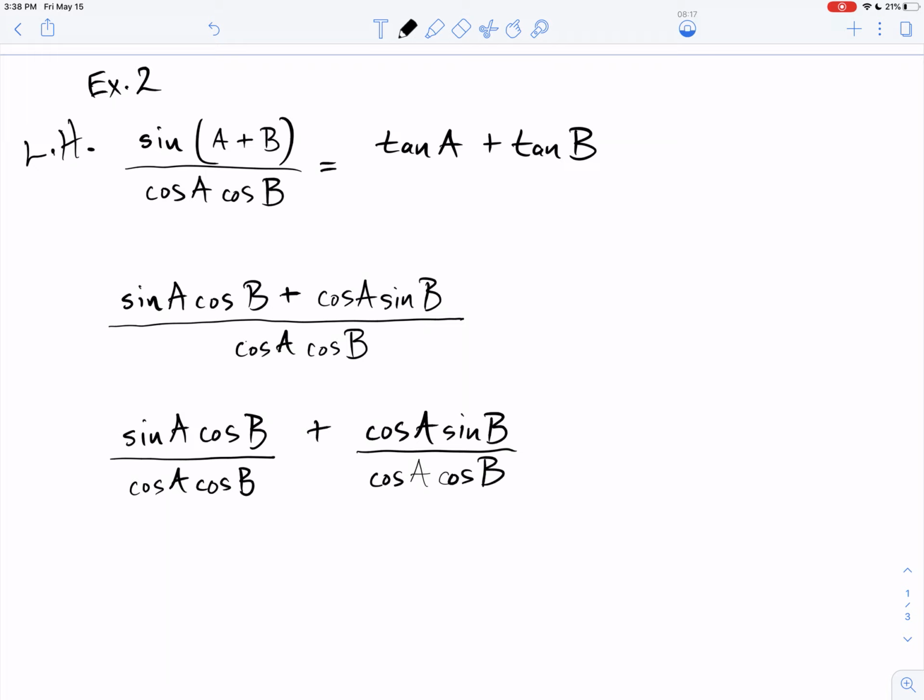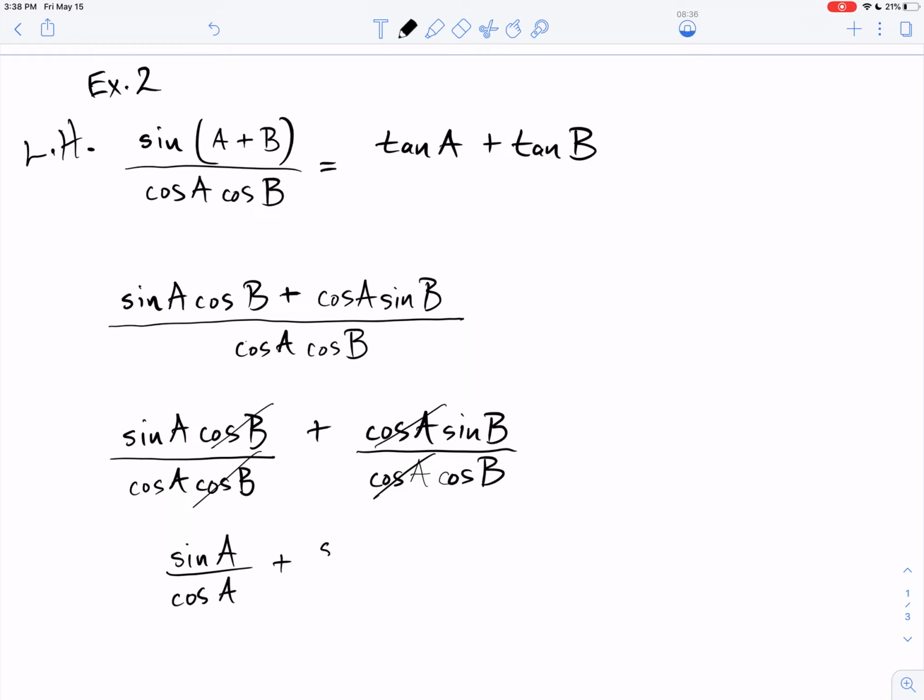But take a look at what I have. See this first fraction? I can cancel those. They match. What do I end up with? Sine A over cosine A. You seeing something here? Cha-ching!